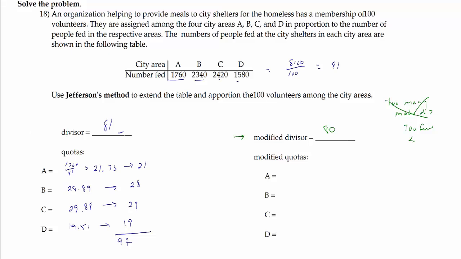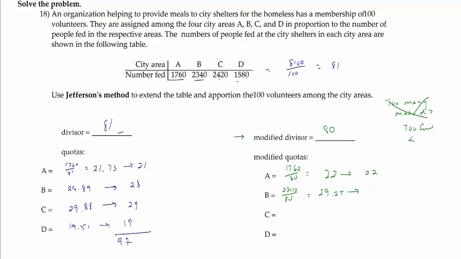So I'm going to take each population. I take my 1760, divide it by my new divisor 80, I get 22. And so my lower quota is 22. For B, I take my 2340 divided by my new divisor 80, and I get 29.25.